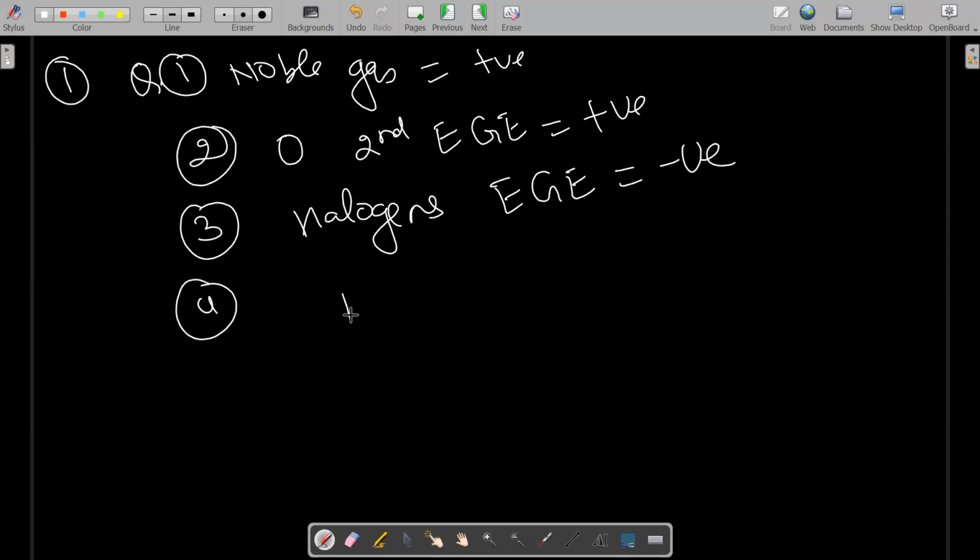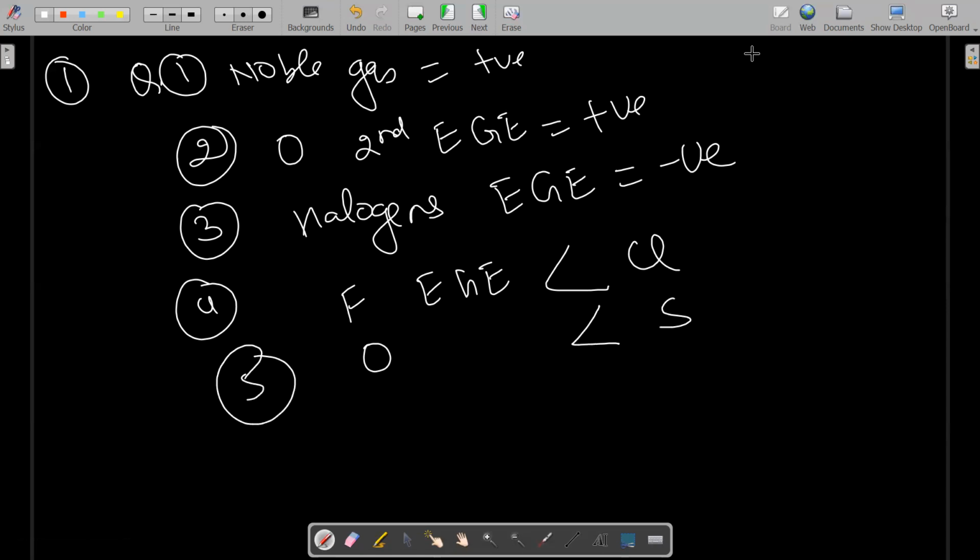Fourth: why is fluorine's electron gain enthalpy lesser than chlorine's, or similarly oxygen's lesser than sulfur's? So these are very, very important concepts which you have to remember. Okay, I hope electron gain enthalpy is clear.